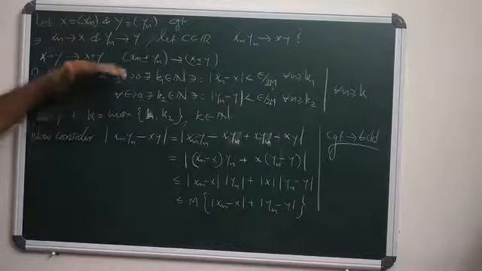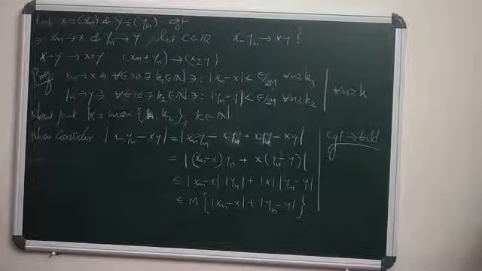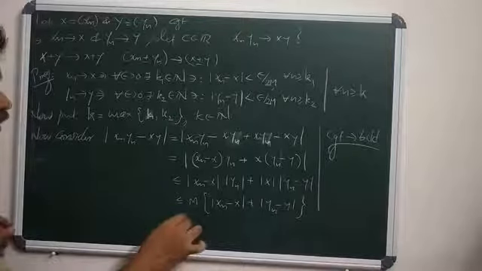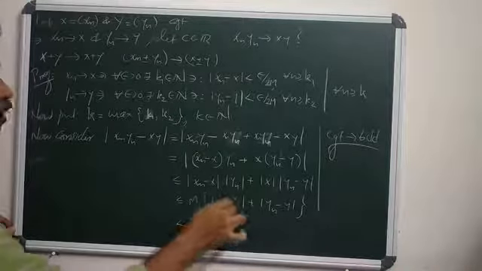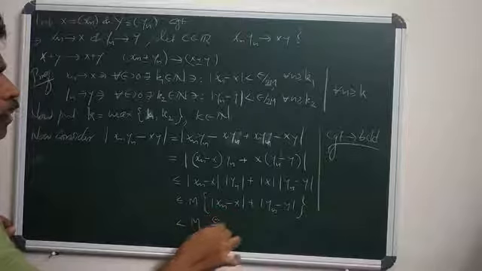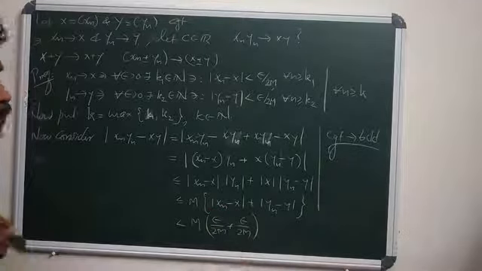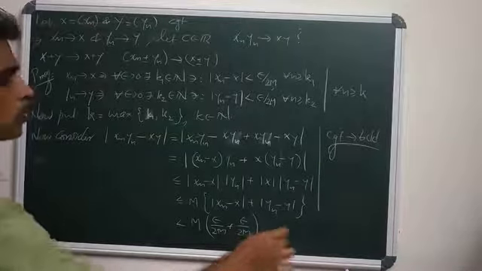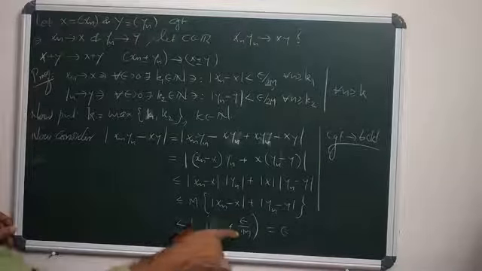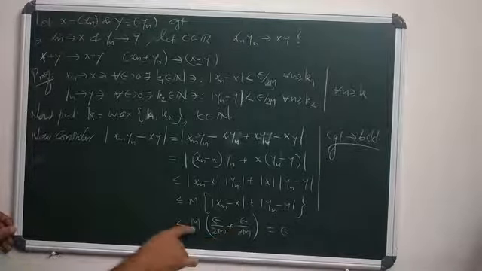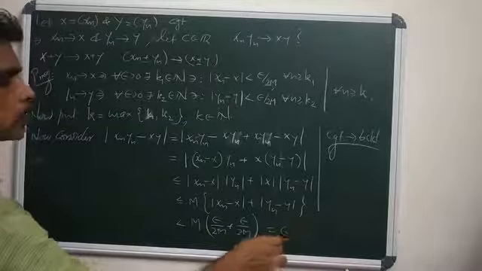So these two hold for every k in n. Therefore, it is strictly less than m into epsilon by 2m plus epsilon by 2m, which is 2 epsilon by 2m, that is epsilon by m, and m cancelling each other equals epsilon.